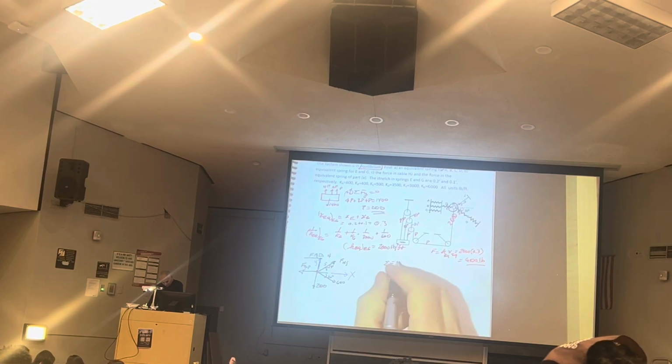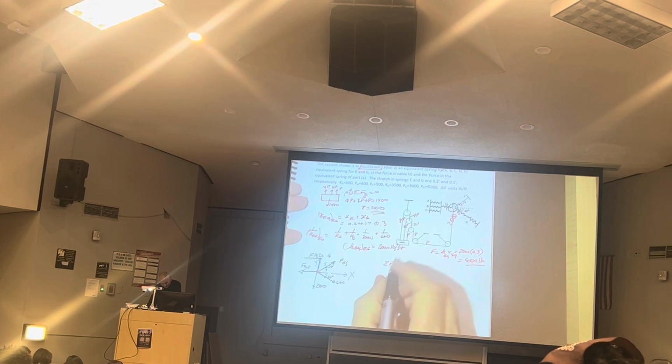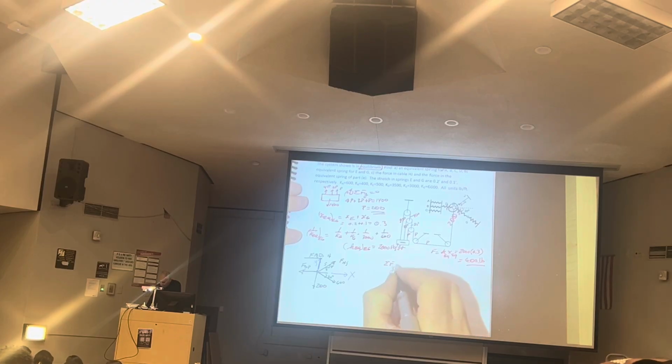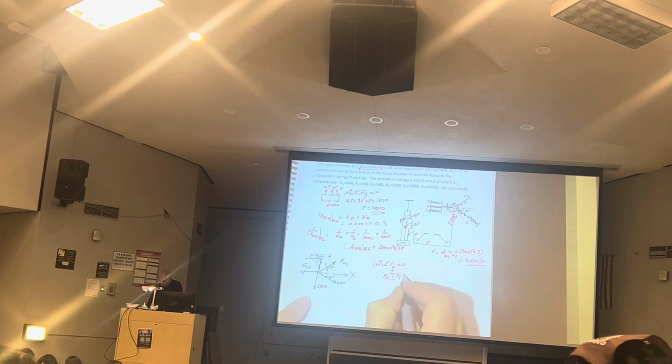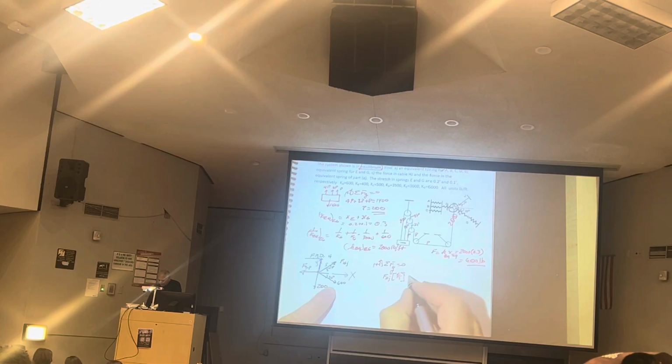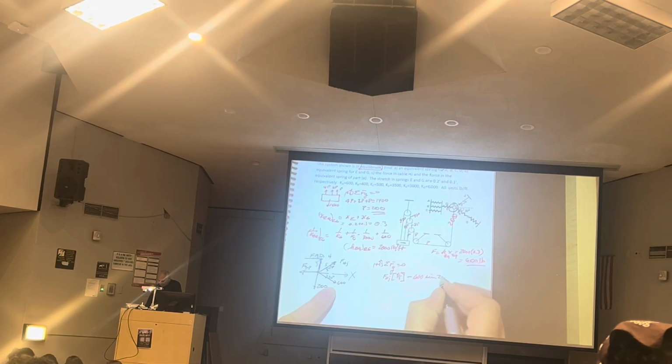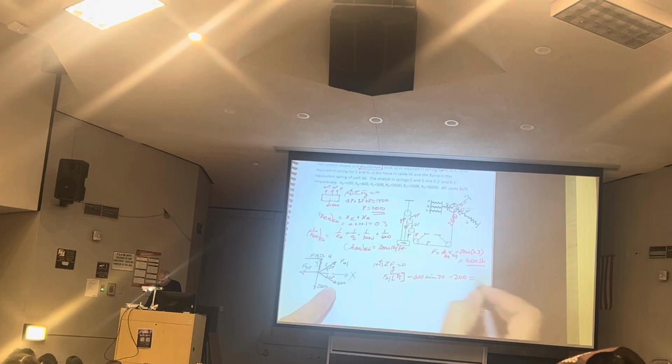Sum forces in the Y first, positive upwards. That's going to be FHJ times 4/5 minus 600 sine 20 minus 200 equals 0.